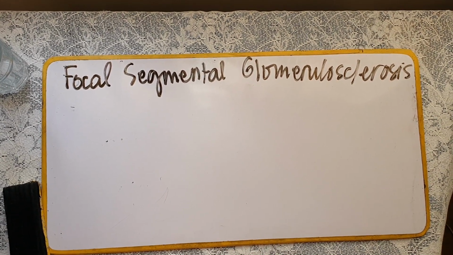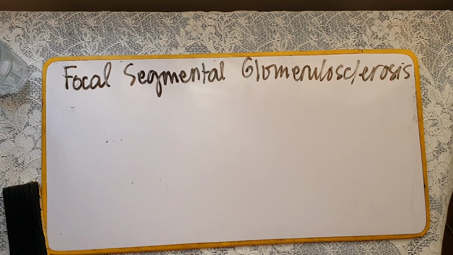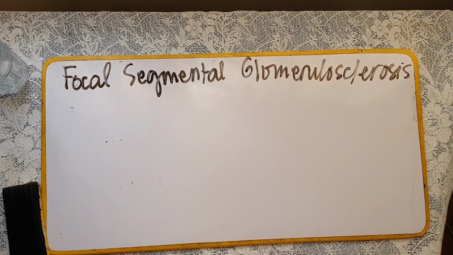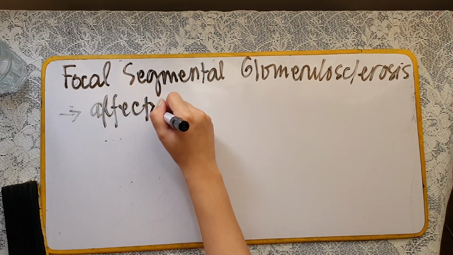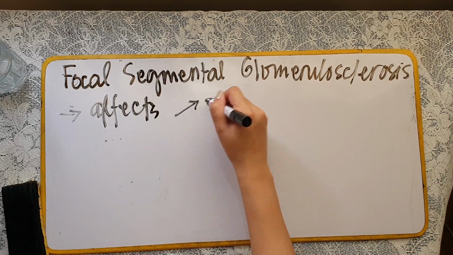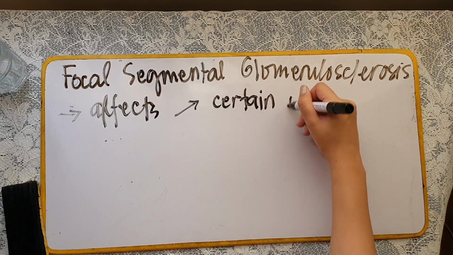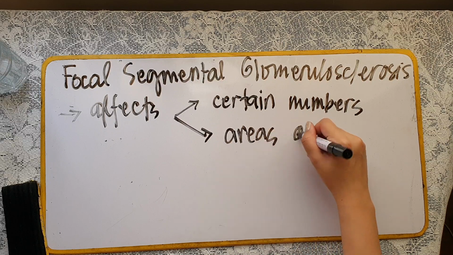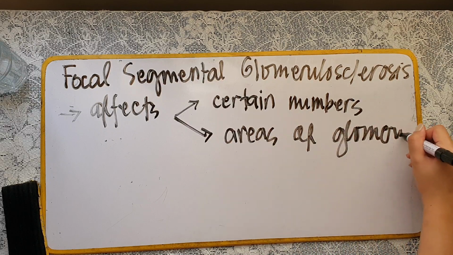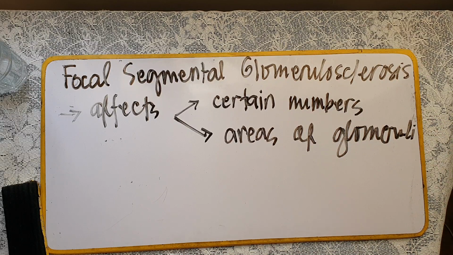Then next, we have your focal segmental glomerulosclerosis. Now, in contrast to the previously discussed renal disorder, this disorder affects only certain numbers and certain areas of the glomeruli. That is why it is called focal, because the damage is concentrated only in certain areas and a certain number of glomeruli, while the other structures of the glomerulus remain normal.